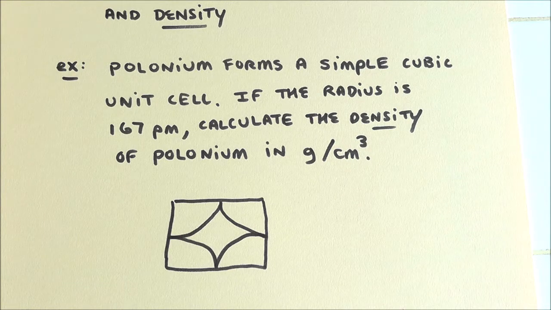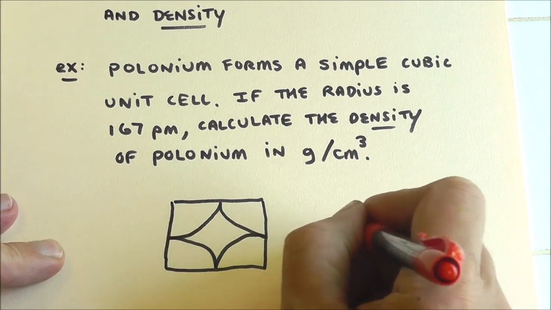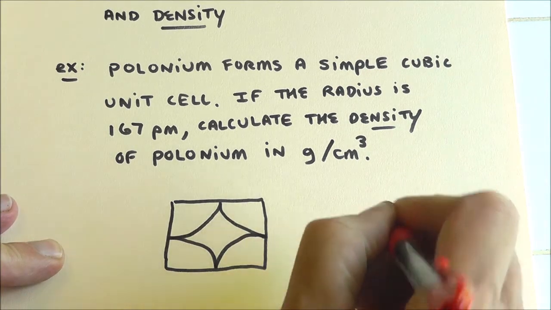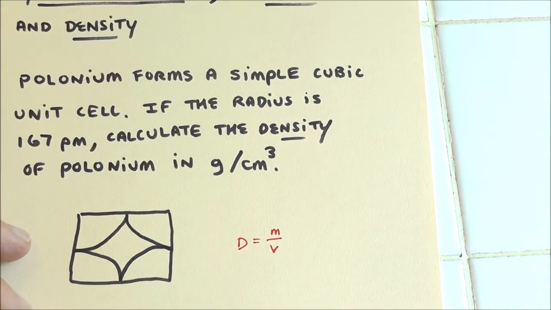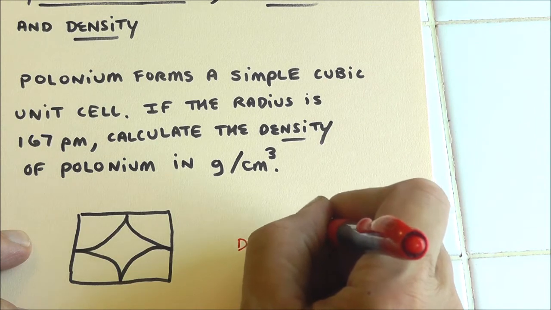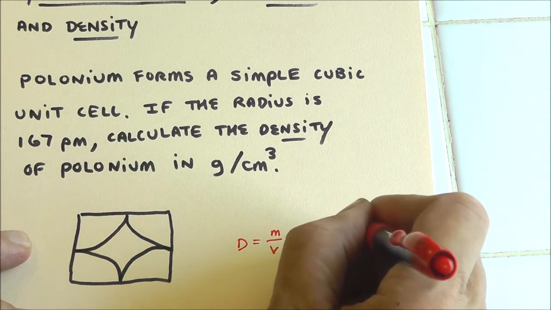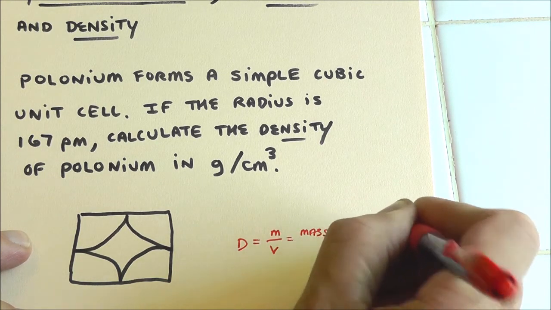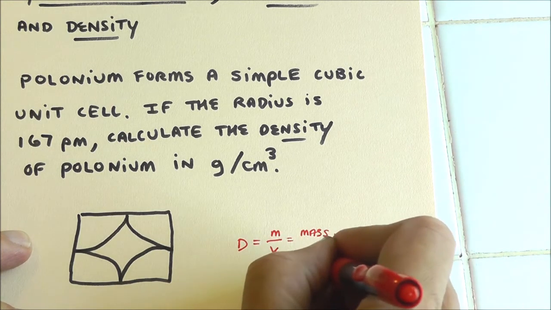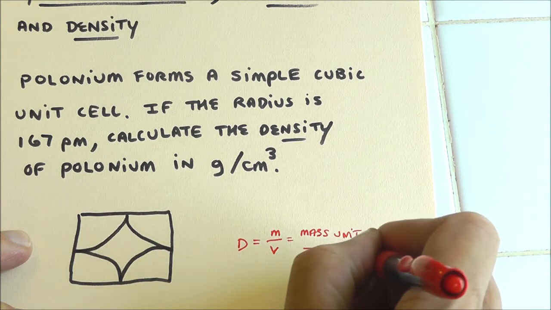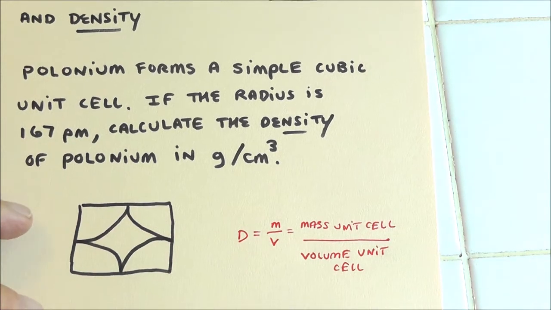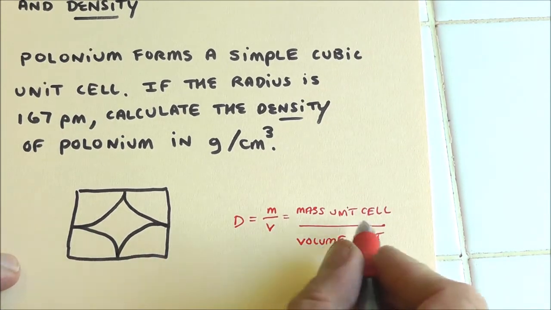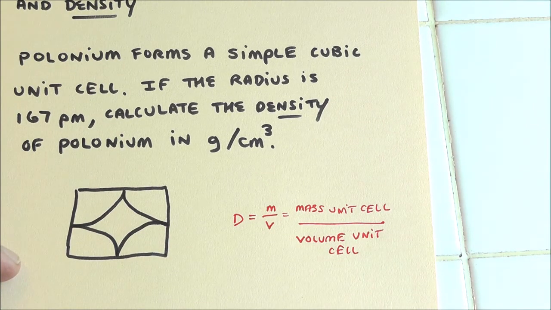So, our goal here is to find density. D equals M over V. The M is going to be the mass of the unit cell over the volume of the unit cell. And so mass of unit cell, we're basically asking what's the mass of one atom.